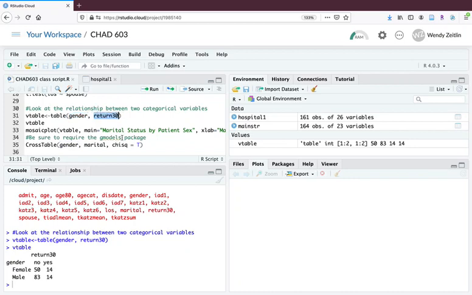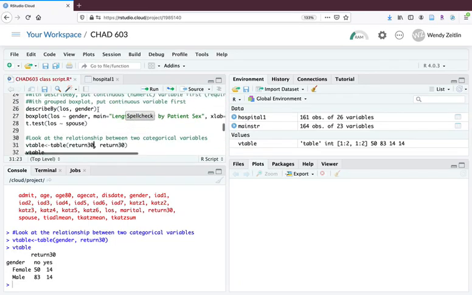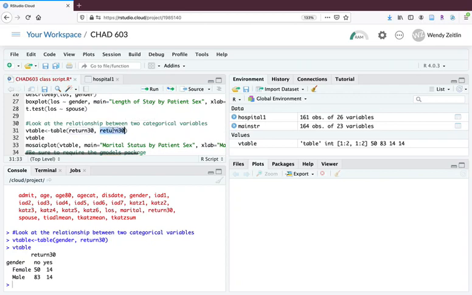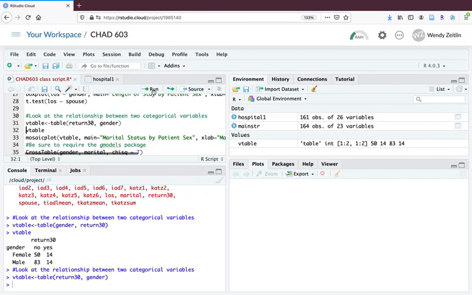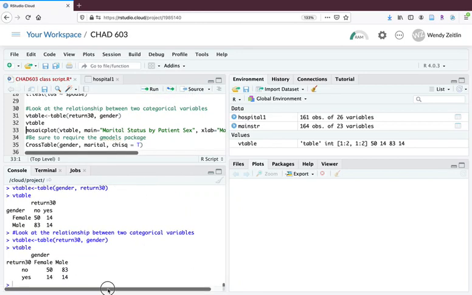Now, again, it does not matter, by the way, what you put where, because the counts will come out however they do. In fact, I'll demonstrate that to you now. I'll just put return30 and, whoops, gender, will reverse it just so you see that. And of course, now we just overwrote vtable, so when we run it again, you just see that this is flipped.